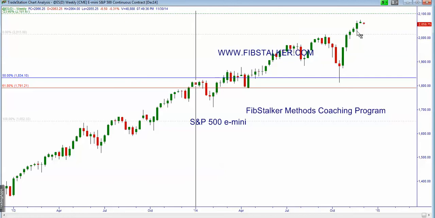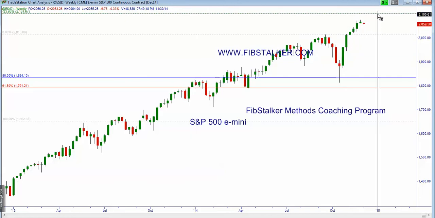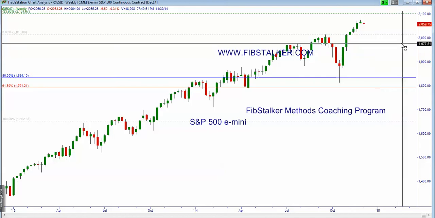At the moment the market is moving in extension higher, and after a retracement it will get into that target, and I believe this market is going to continue higher.